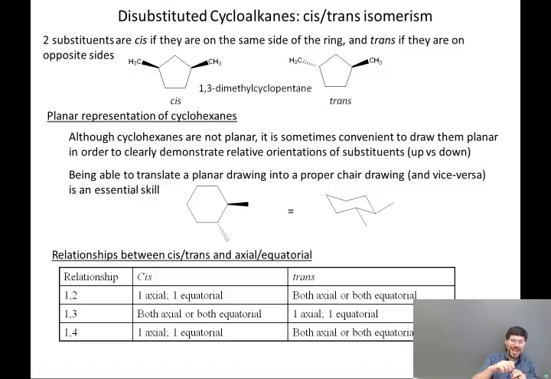Whereas if they are trans, so this one over here pointing up, that one on your left pointing down, the trans 1,4 can have both of them equatorial. Once again, you can have a trans 1,4 where both of them are axial, but that's not going to be the stable conformation. It's going to undergo a ring flip to move both of them equatorial.